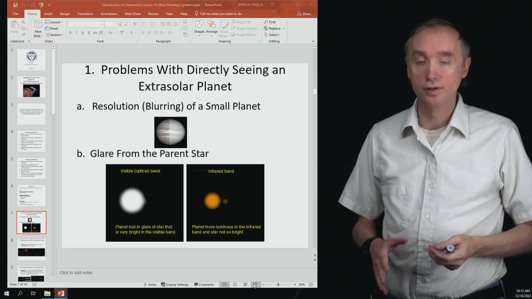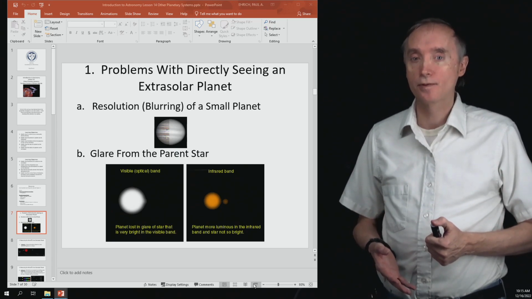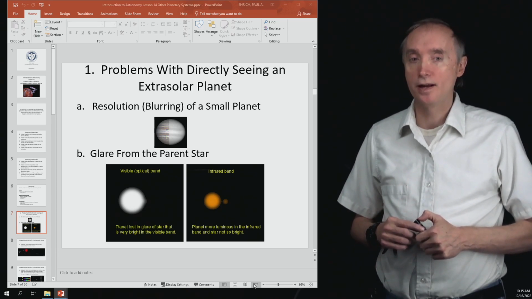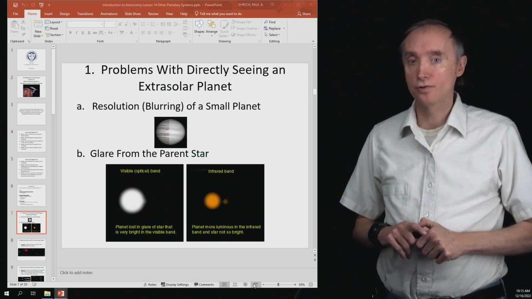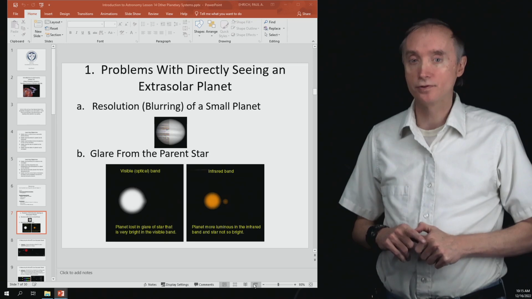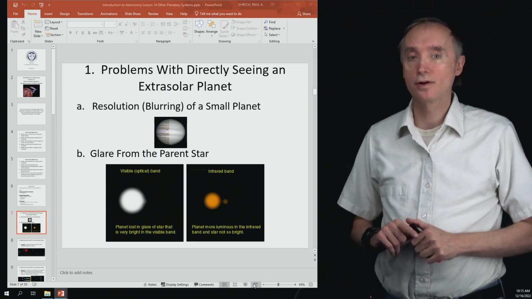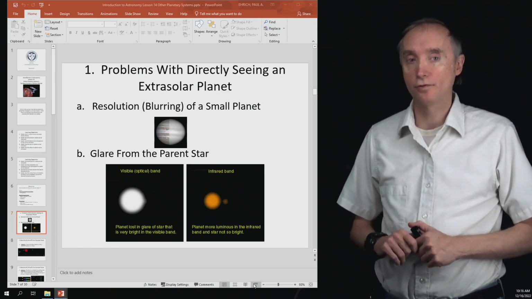using just regular visible light, because the glare of that star is going to be so much greater. Now, on the other hand, though, we can use a different wavelength of light in order to observe the planet. So you'll notice that in the right-hand picture, that's a picture of the same star and the same planet using infrared.